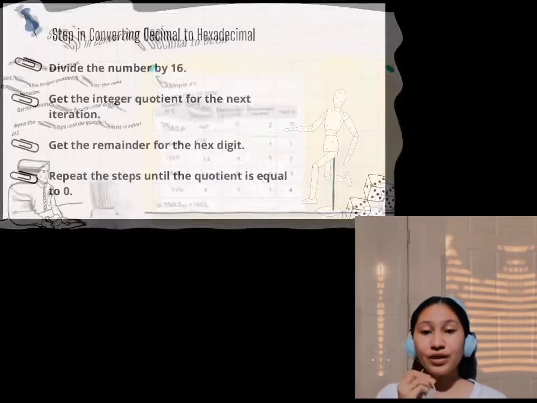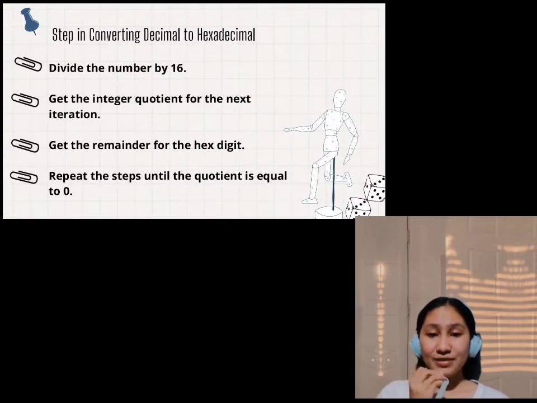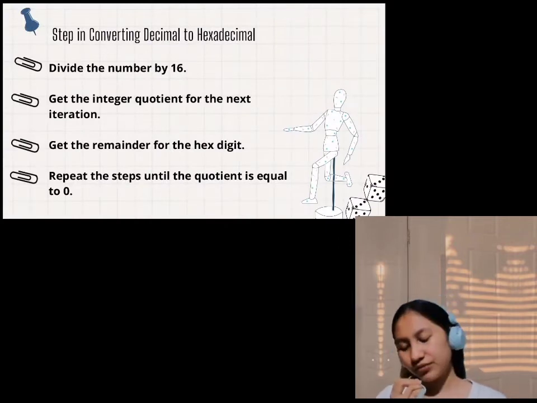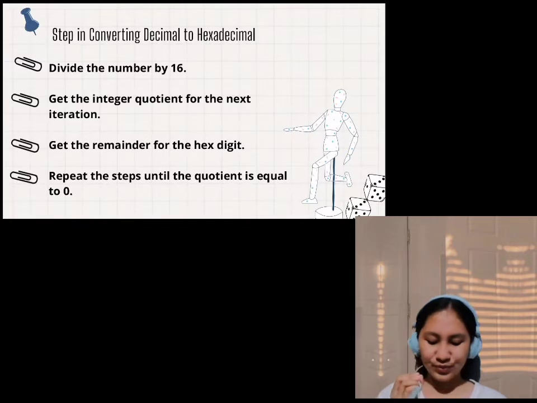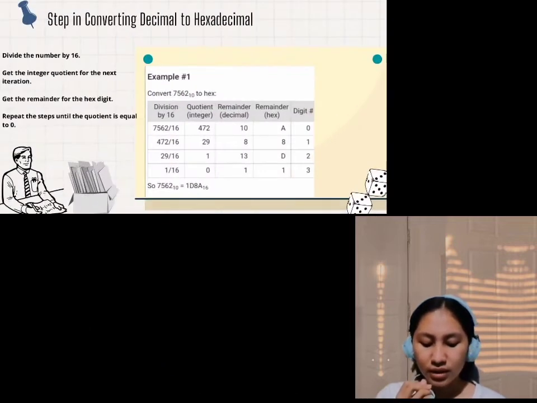So let's move on to converting a decimal number to hexadecimal. Again, when converting a decimal number, we need to divide the number by the base. So we have base 16. In our example, the decimal number we use is the same as in octal, 7562.